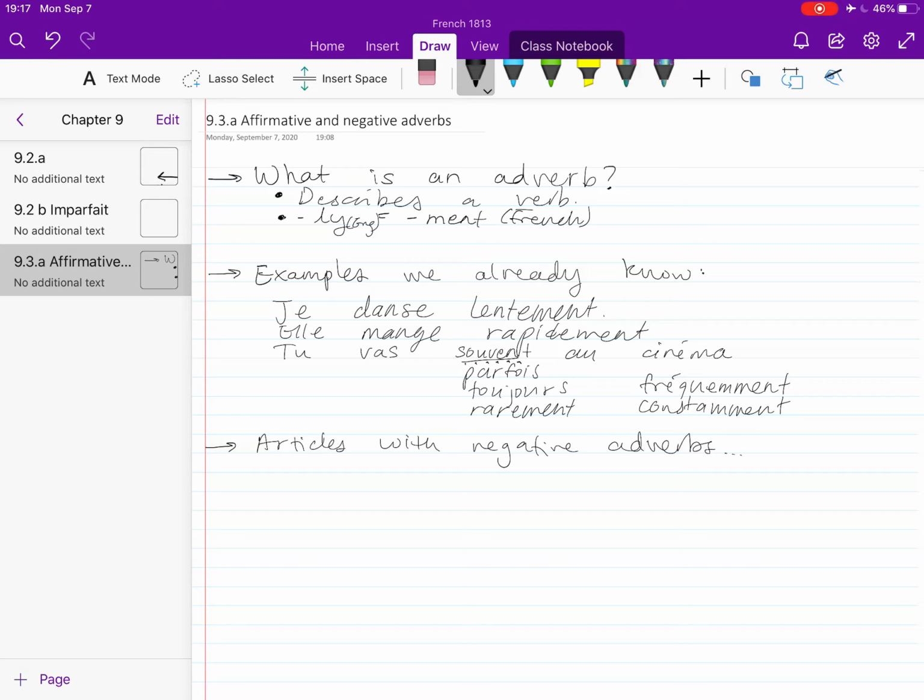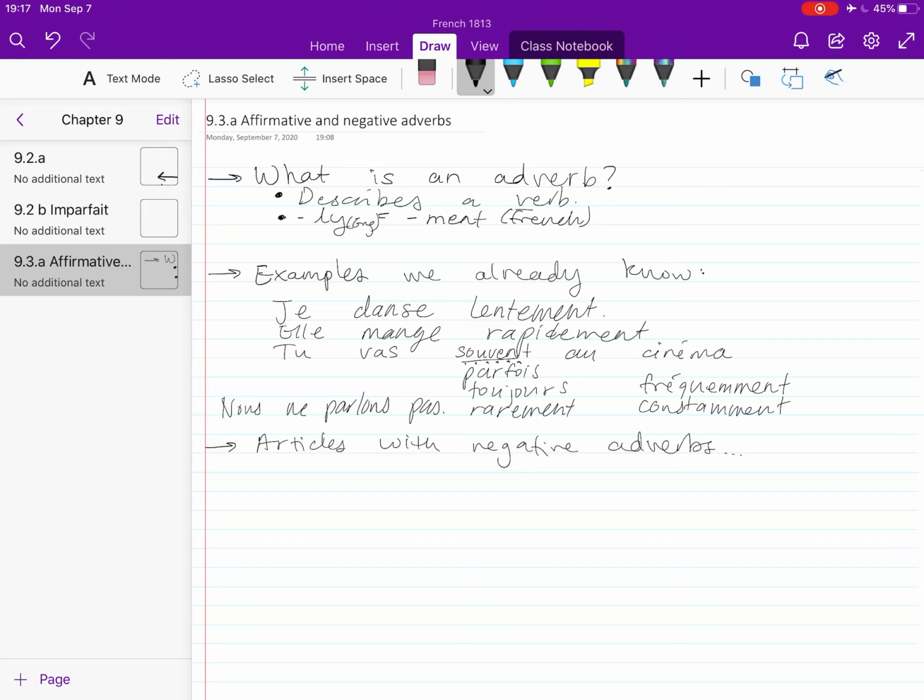But first of all, our first negation, you might not have realized that our normal ne pas, our normal negation, is indeed an adverb. It's describing how that verb is done, which is to say, not at all. So another example might be, how about nous ne parlons pas.